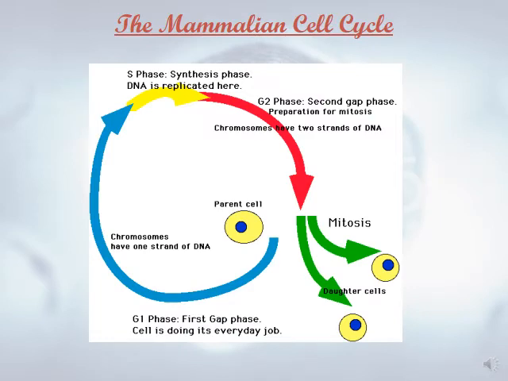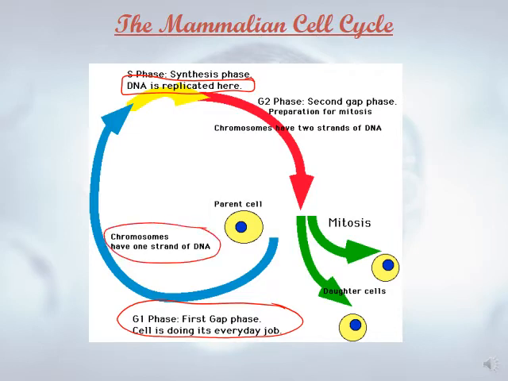In gap 1, the cell is doing its everyday job. Second, we have the duplication of the DNA, so DNA is replicated. In the second gap, the cell prepares itself for mitosis. As you see here, the chromosomes from G1 to G2 are of one strand of DNA, while after duplication of DNA during the S phase, chromosomes have two strands of DNA.